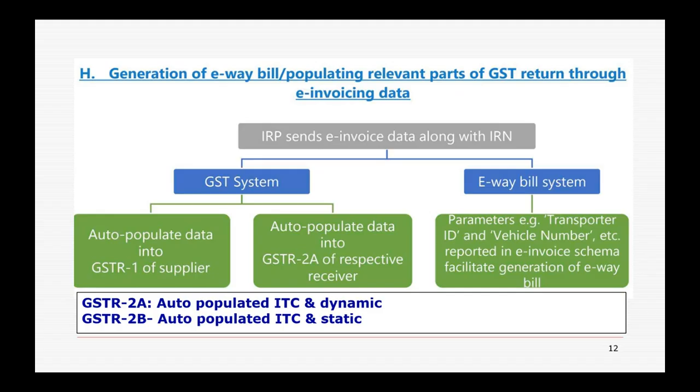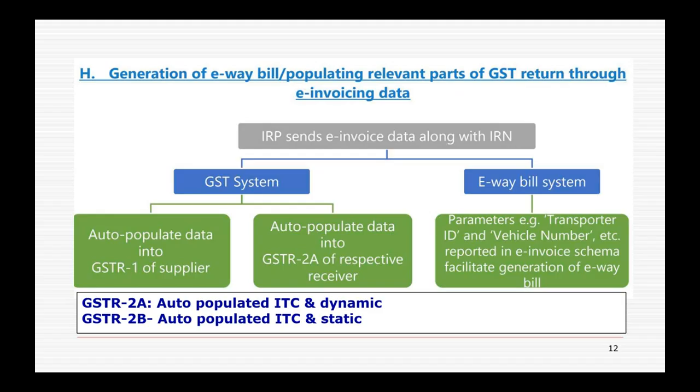But 2B is fixed for a particular time and there are no changes. That's why, to have correct ITC availment, the government introduced 2B only recently, last year, so that fake ITC cannot be used, and people cannot claim ITC even where the supplier has not paid the money.